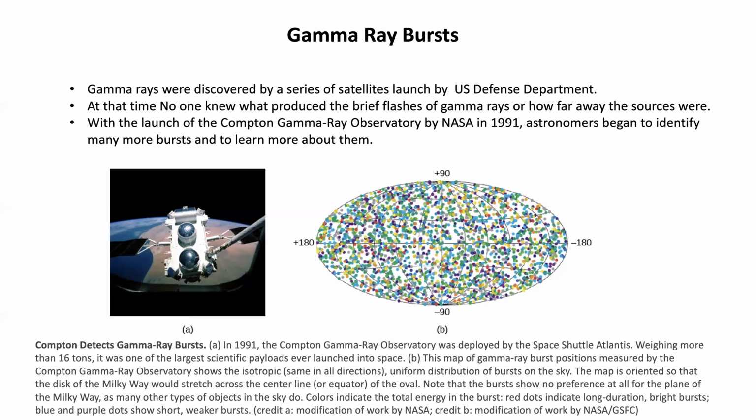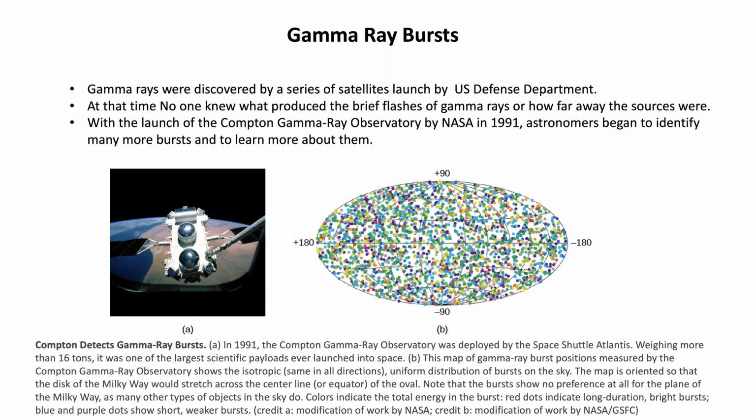For that reason, nobody knew at that time what these gamma rays were and how far away the sources were, where these gamma rays come from. Then NASA launched an observatory called the Compton Gamma Ray Observatory in 1991 to specifically look at these bursts, and after that, astronomers began to identify a lot of these bursts, right?